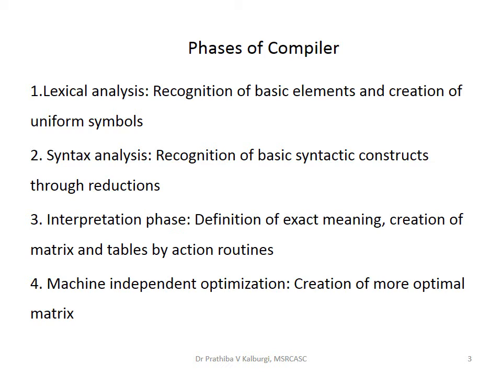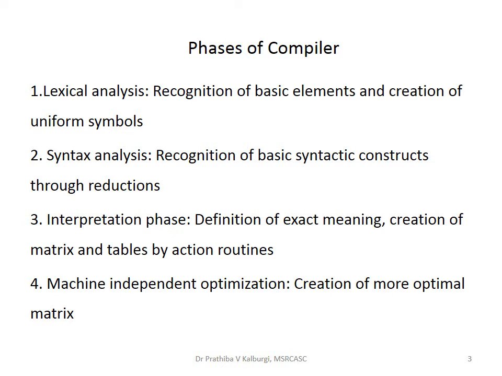So in other words, what we can tell is, it may be arbitrary to what size the phrase can be assigned for a meaning. And with respect to the interpretation phase, the databases which are going to be created during this phase are nothing but the uniform symbol table as well as the identifier table.